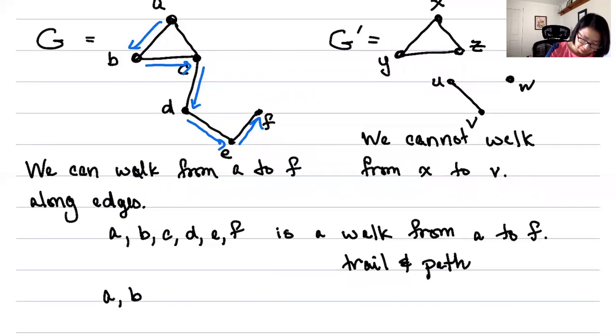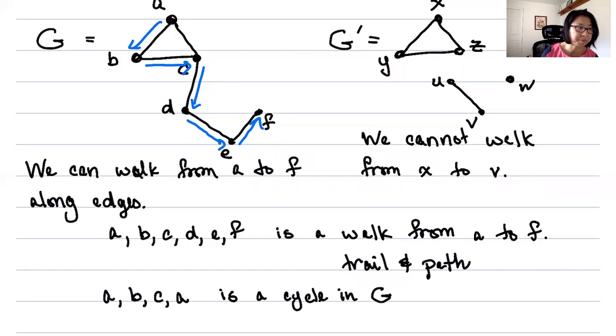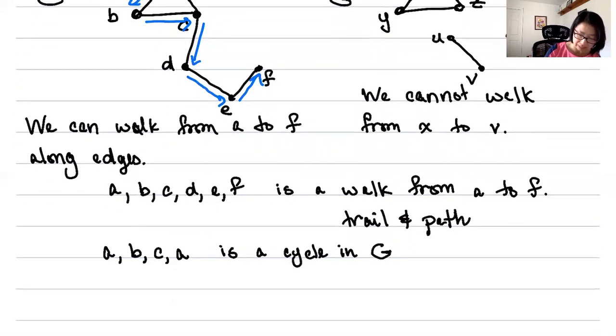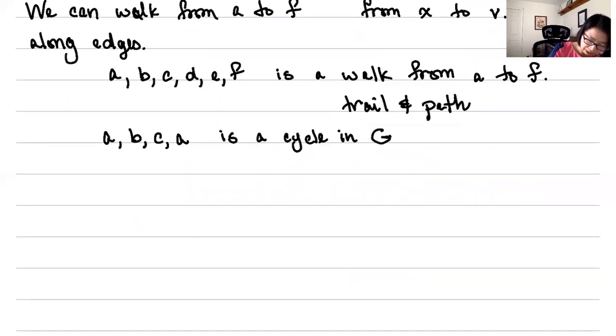A to B to C to A is a cycle in G. There are no cycles here that are not circuits, but if I wanted to see a graph that has a circuit that isn't a cycle, this bow tie is a good example.